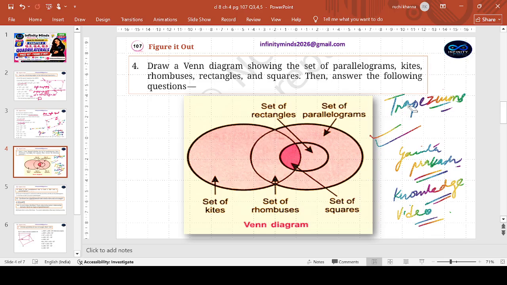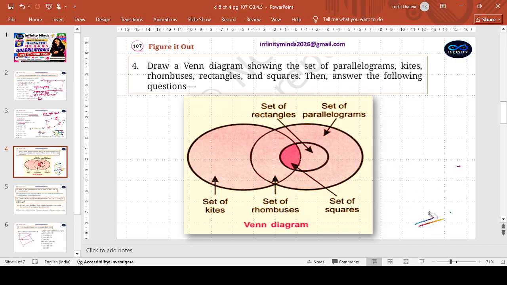So it depends on what exactly is asked. Accordingly, you are required to have your Venn diagram. For example, the very first Venn diagram that we did was of a square and a rectangle. Then our diagram was this, where we talked about how a square is a rectangle, so the rectangle is right outside.